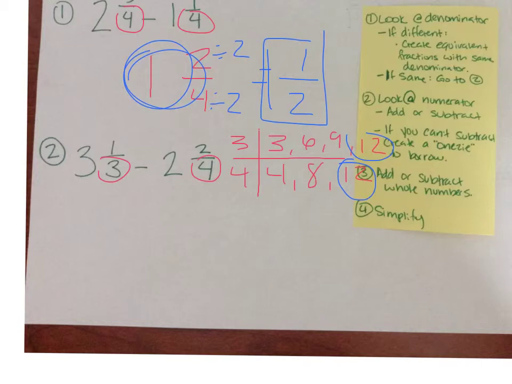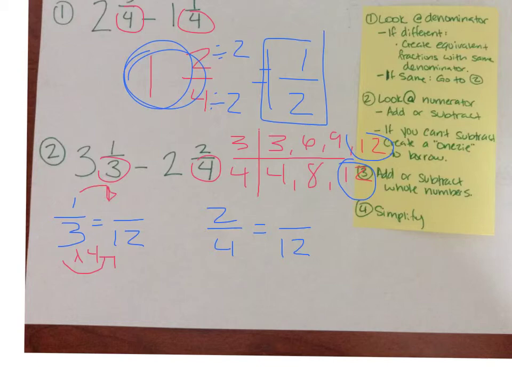That should be one that y'all start to be able to memorize and recognize. Now we're going to create two equivalent fractions. So we have 1/3 equals something over 12, and 2/4 also equals something over 12. So we look to see how many times 3 can go into 12, and we know that is 4 times.